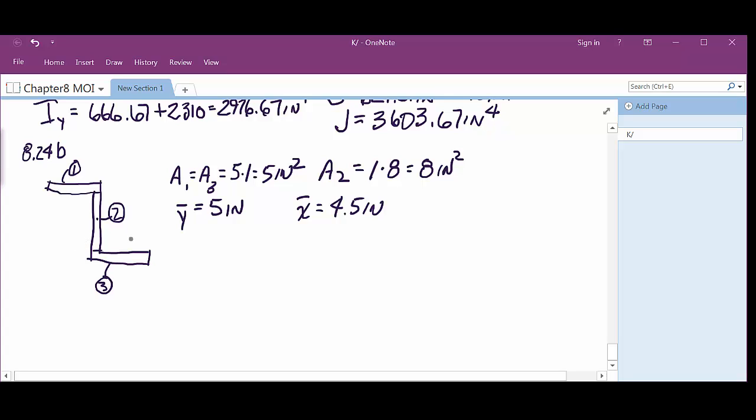Let's see, D1 and D3. So to get this distance right here, there's a center of gravity for each of these, right? The distance from here to there, that's going to be, we said this was 5 inches, right? 5 inches, we said this was a half inch, so 5 minus a half is 4.5, isn't it?